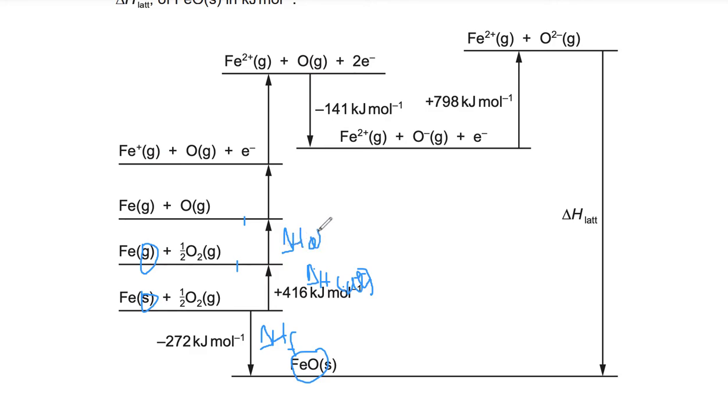So half the enthalpy change of atomization of O2. If O2 was atomized, it would have formed 2O, right? But over here it's half, so we'll multiply this by half as well.